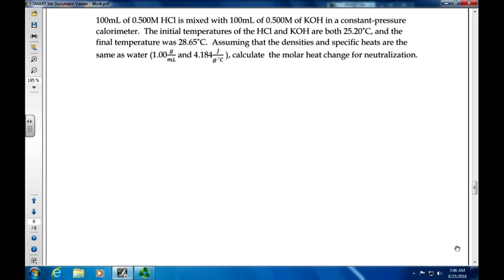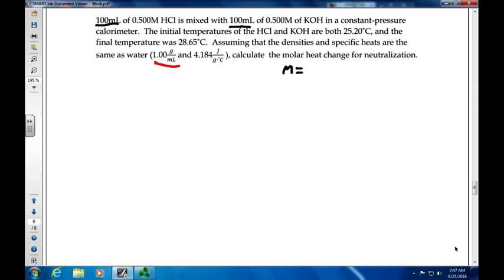So that's a lot. Well, the first thing we're going to want to do is calculate the mass. We're given 100 milliliters of our acid and 100 milliliters of our base, which I underlined in opposite order for whatever reason. So recall that every 1 milliliter is equal to 1 gram, given by our conversion right here.